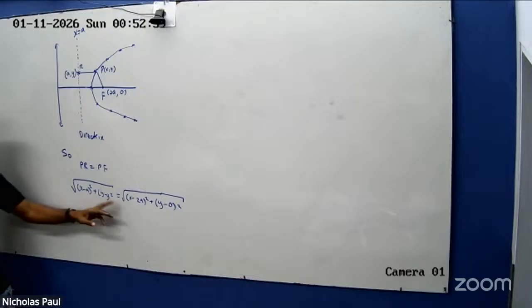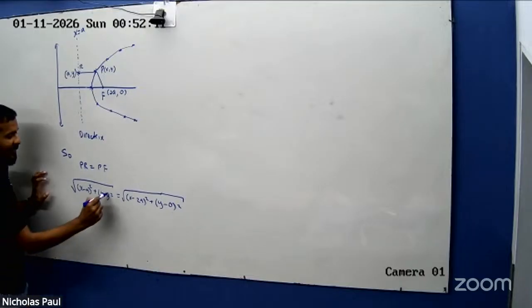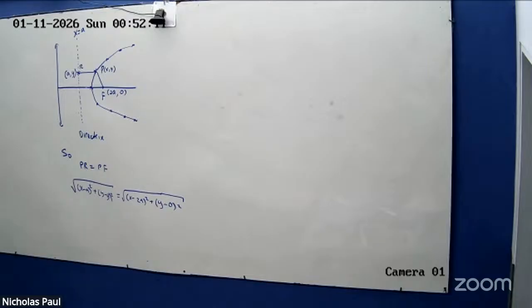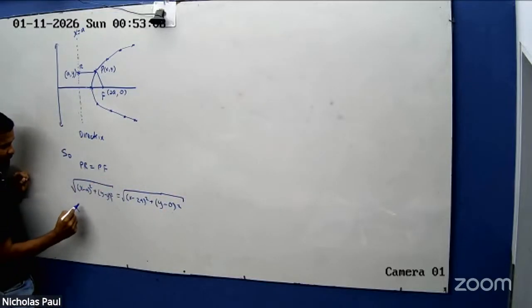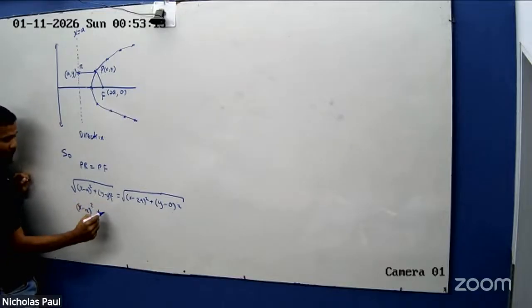Square both sides and see what you end up with. If you square both sides, you'll end up with x minus a squared, and the y term gives 0.